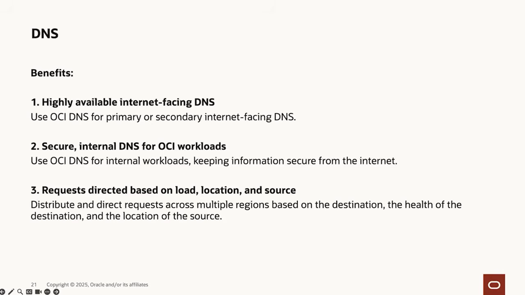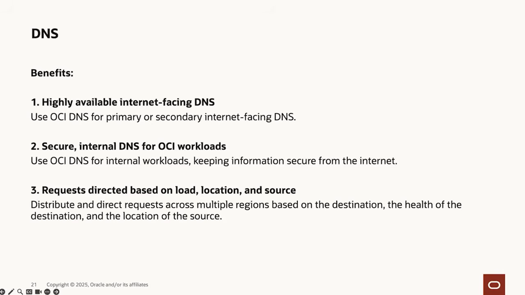The third point is scalability. So the service is highly scalable and it's capable of handling millions of queries per second, making it suitable for even the largest enterprises with high traffic volumes. It is secure, and there is built-in DDoS protection to mitigate large-scale attacks and maintain the availability of your domains.